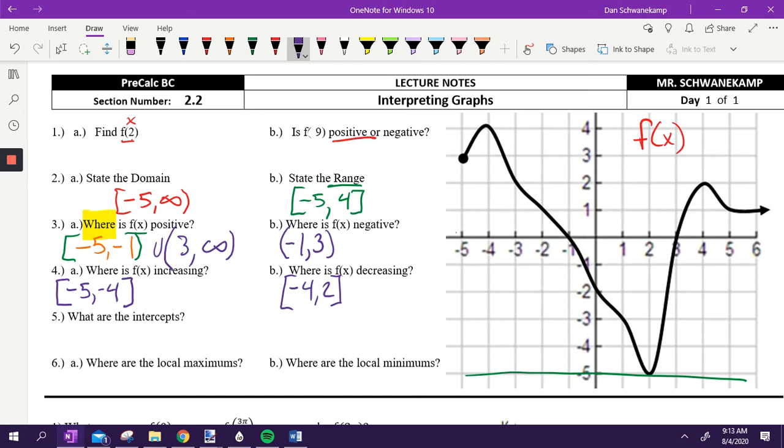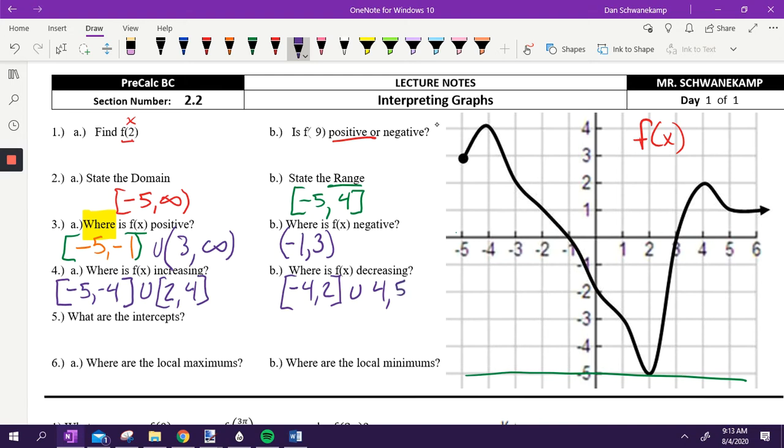Starting at 2, I increase. From 2 until when am I going to increase? 2 until 4, I'm increasing. Then we start decreasing again from 4 until when am I decreasing? Just 5.